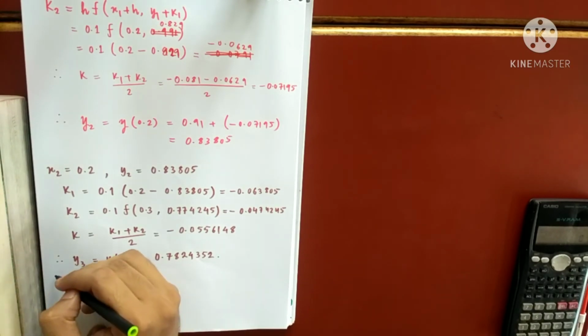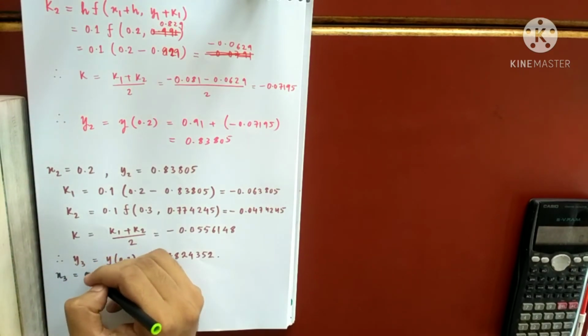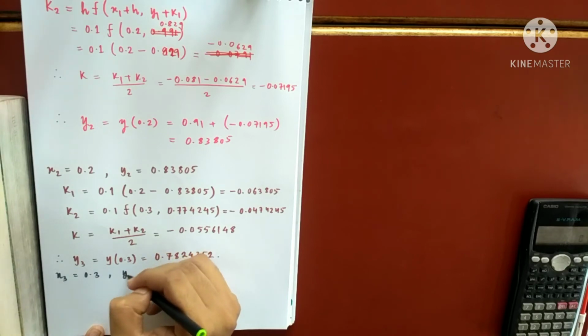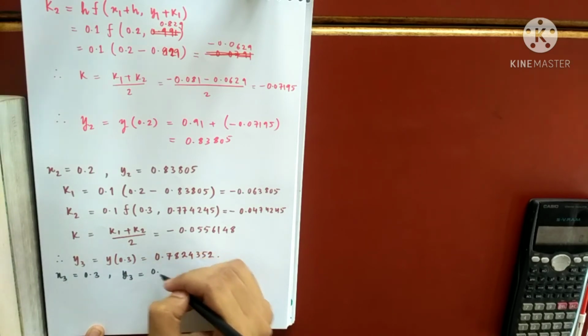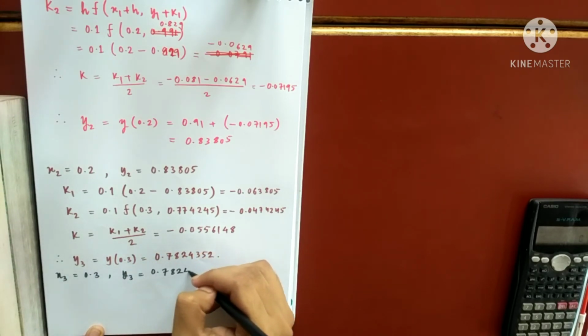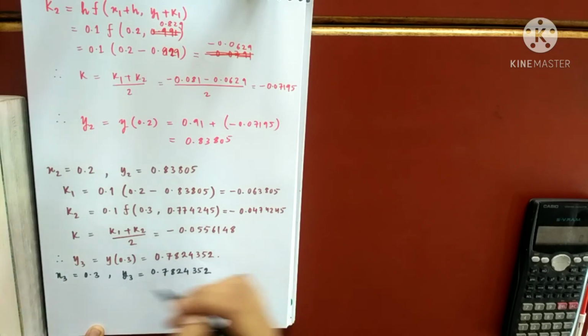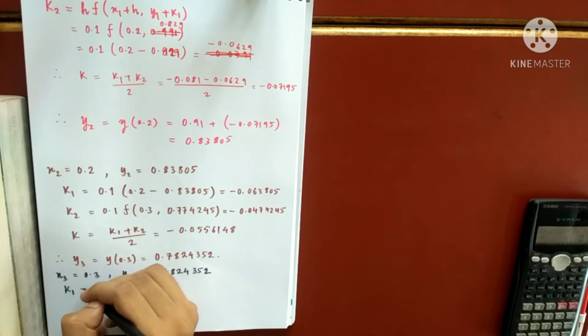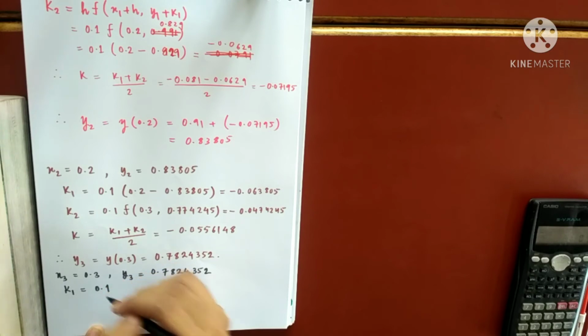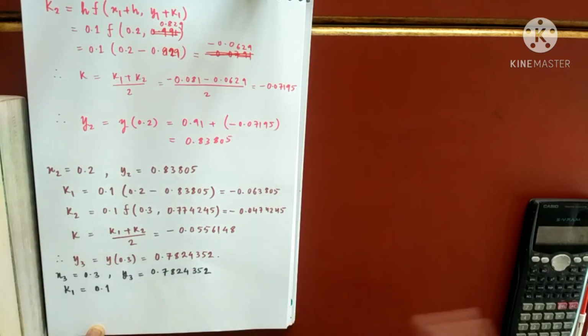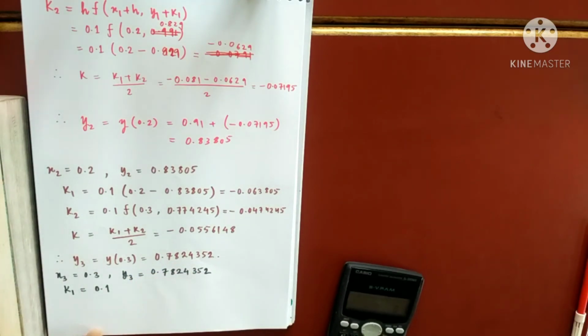So what is y4? So x3 is 0.3, y3 is 0.782432. We are ready to calculate k1, which is h times f of x3 y3. So this minus this. So 0.3 minus 0.782432.